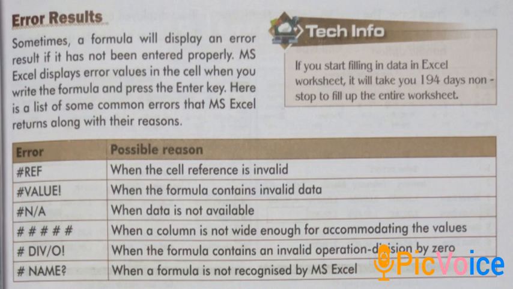When a column is not wide enough for accommodating the values, the fifth one, #####, will be displayed. When the formula contains an invalid operation, division by 0, the error will display as #DIV/0!. Then if the formula is not recognized by MS Excel, the error will be #NAME?.